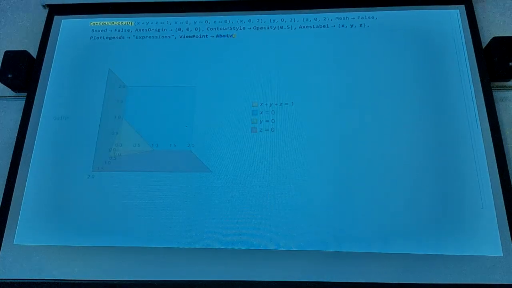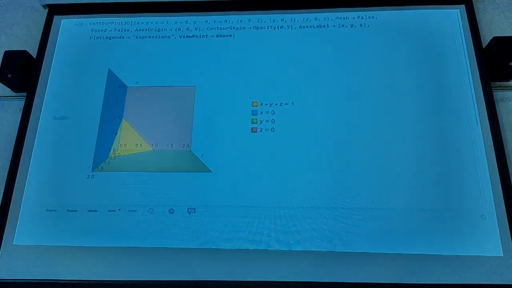View from above, because they say that is how we're going to determine the orientation.